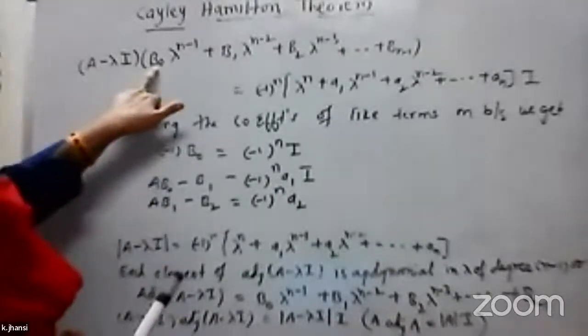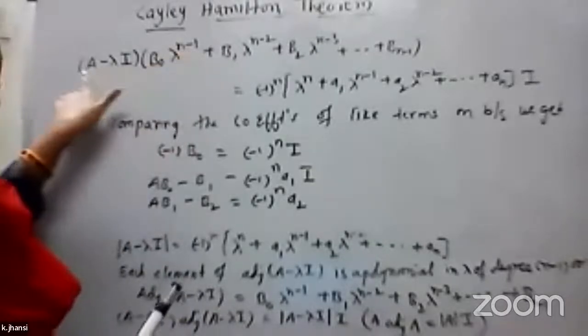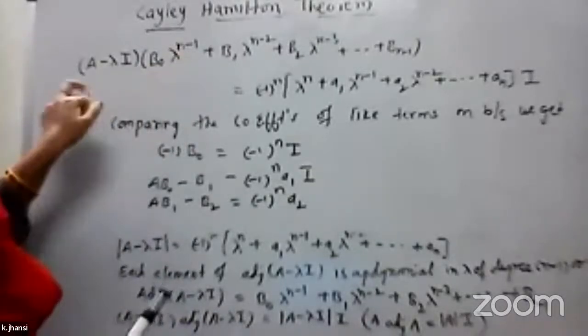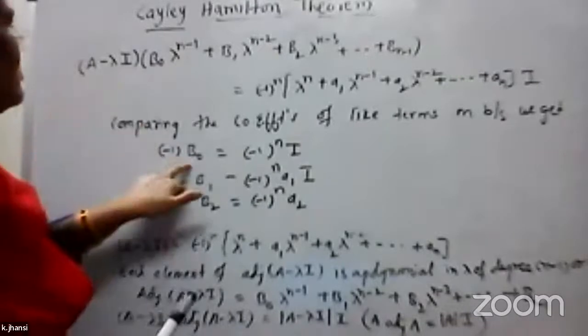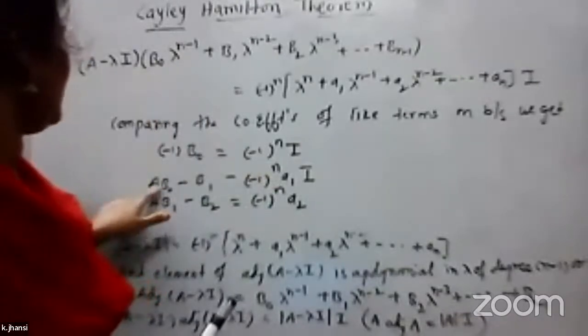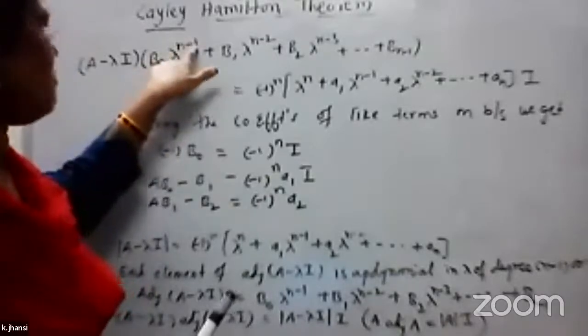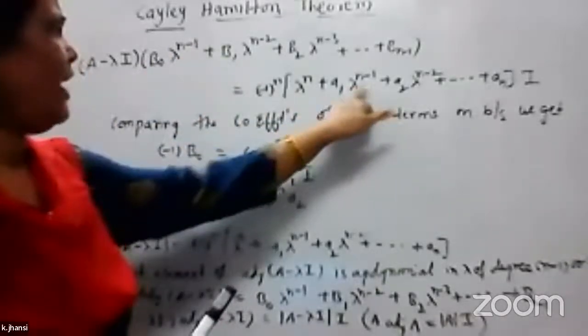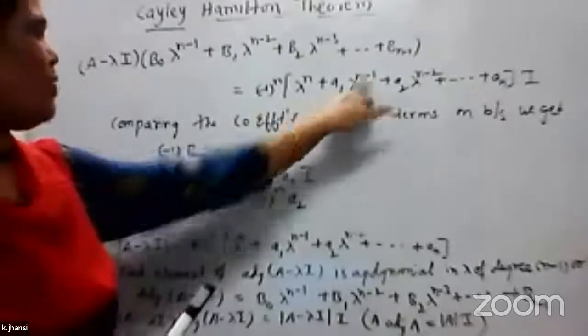So how will you get these? See, b naught lambda to the power of n minus 1 into A into b naught. First, the constant term we have, the last one, is A into b naught lambda to the power of n minus 1. Here we have a1 into lambda to the power of n minus 1.